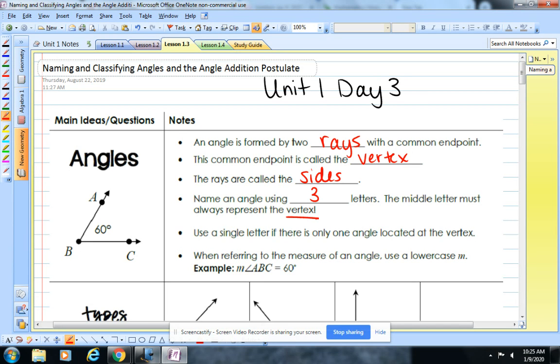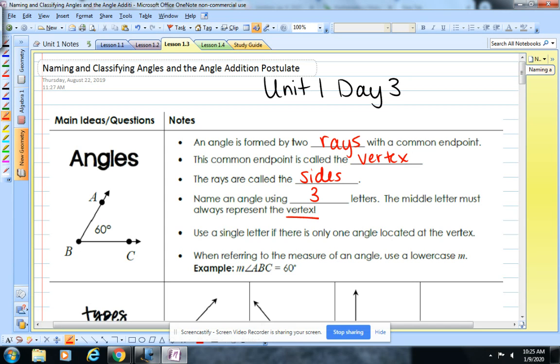So we could call this angle ABC or angle CBA. So if you use three letters, you need to put the vertex in the middle, or since this is the only angle in this whole picture, you call it angle B. But if you have more than one angle, you need to use three letters. Okay? All right. So make sure the middle one is the vertex.